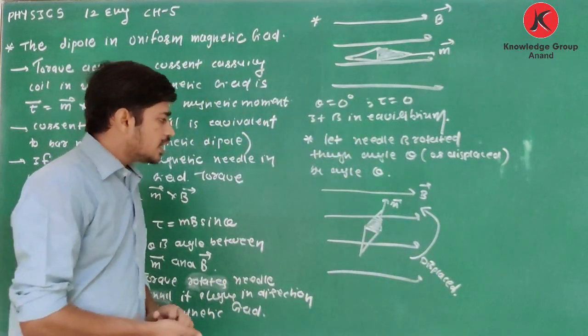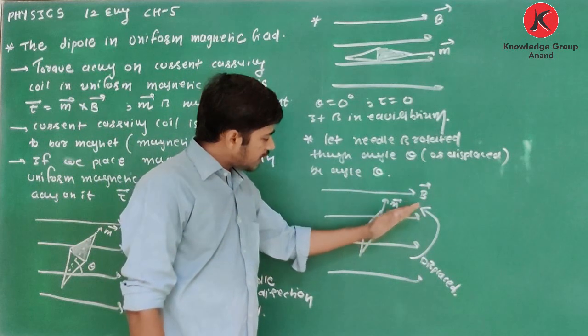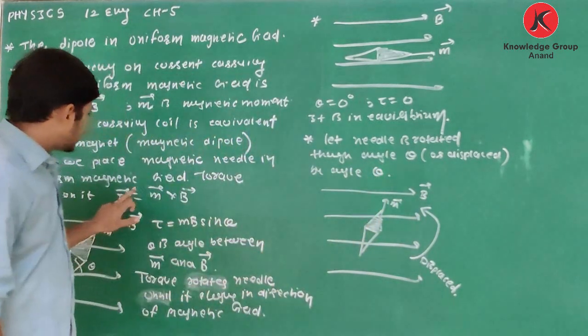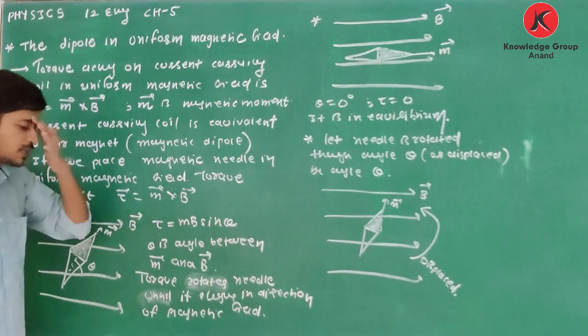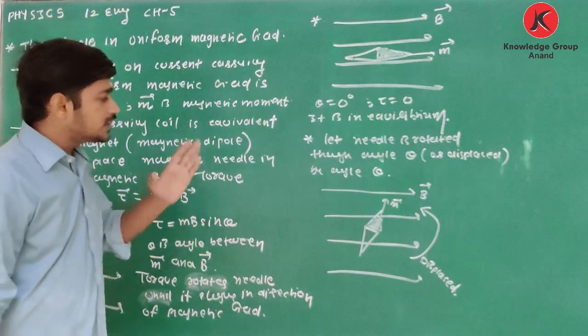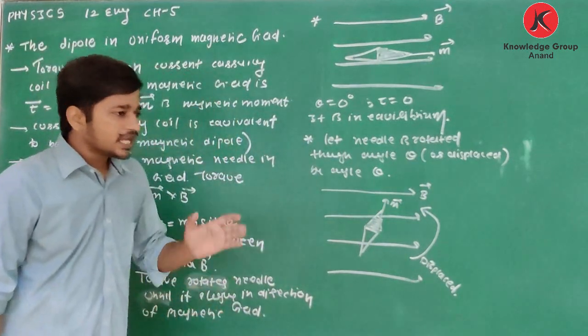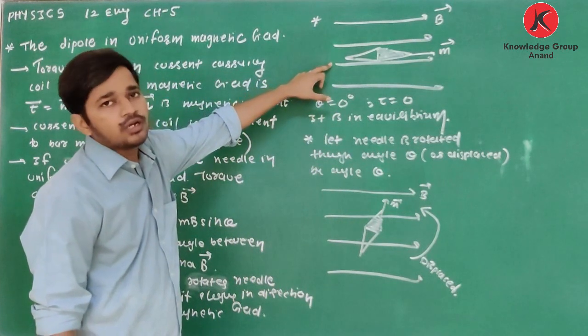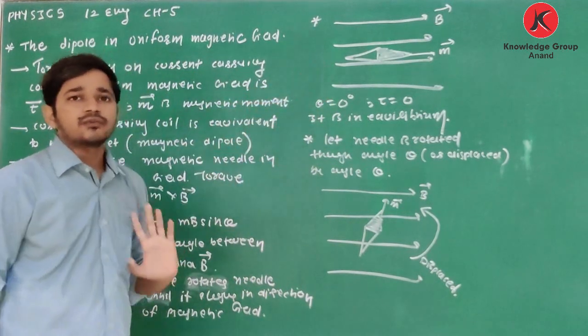But we know that if we displace the dipole in this direction, the torque tau equal to M cross B acts on the dipole such that it tries to bring the dipole in the direction of the magnetic field.